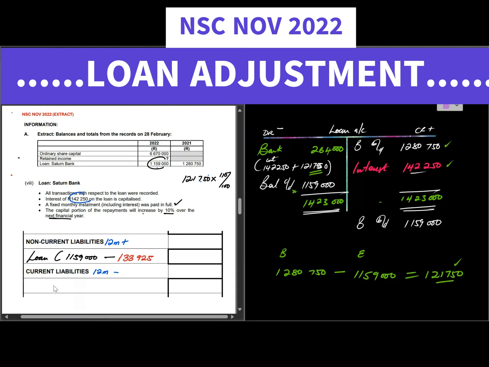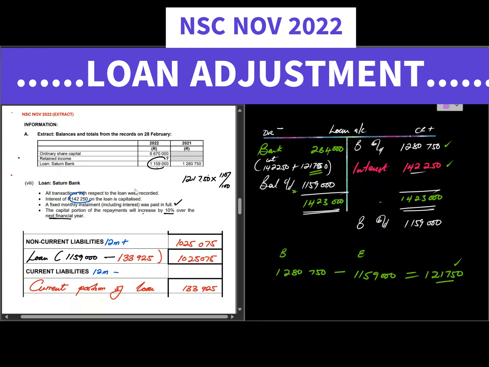Then I'll come down here and say current portion of loan, which is 133,925. That is my current portion of loan. So I can close that one up. It's now easy, and I'll end up with 1,025,075. That is what I will end up with.